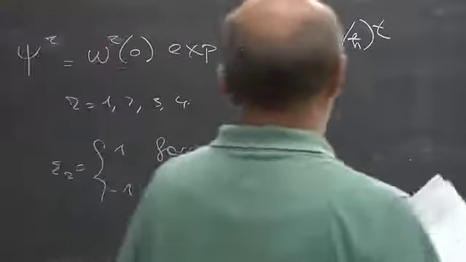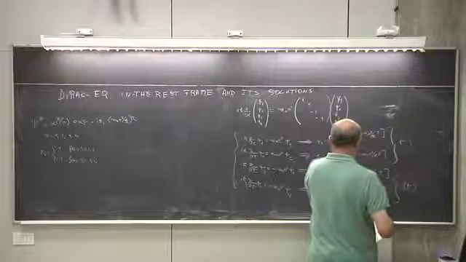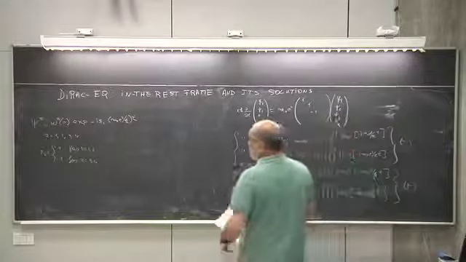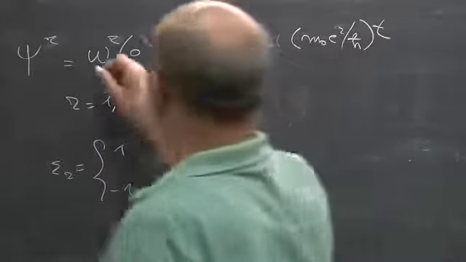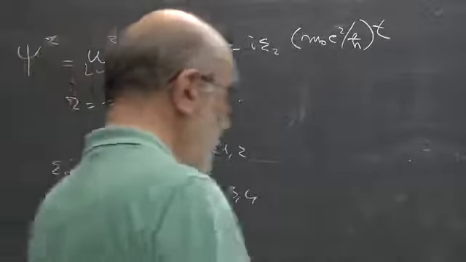Because you see, epsilon_r is plus 1 for these two, and minus 1 for the other two.